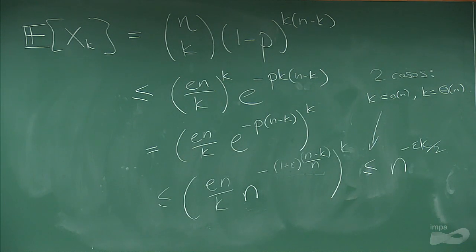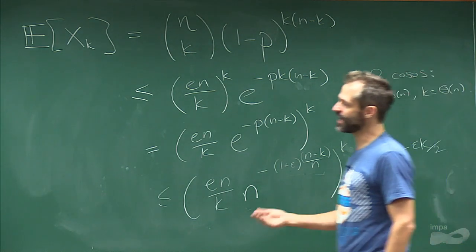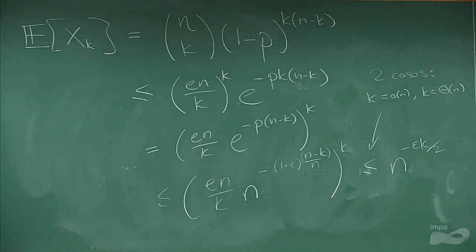If G is not connected, then one of these things exists, then the sum of xk is at least 1, and the probability that some xk is at least 1 is at most the sum of the probabilities. This is just the union bound.